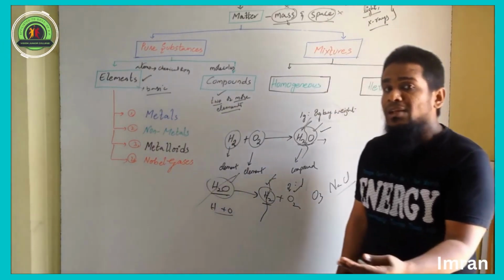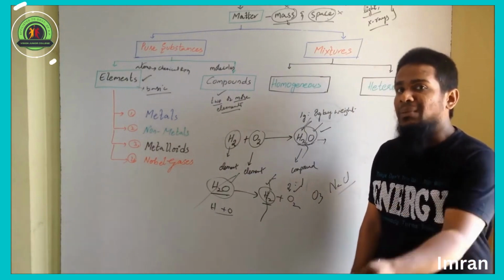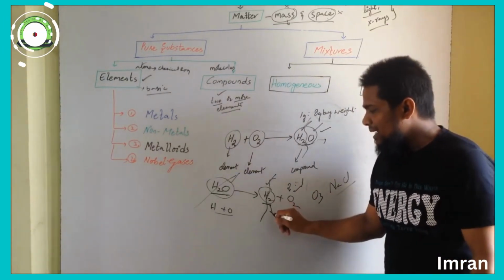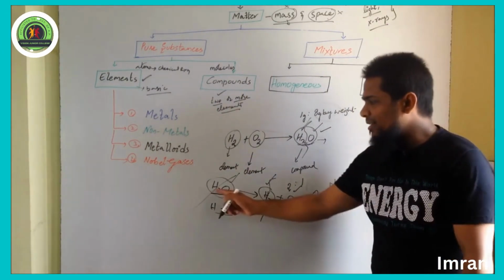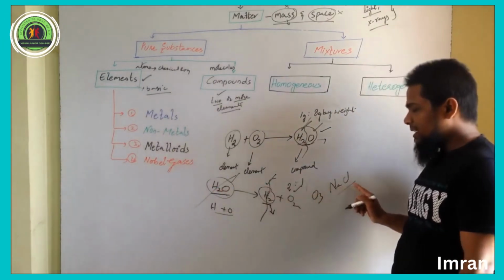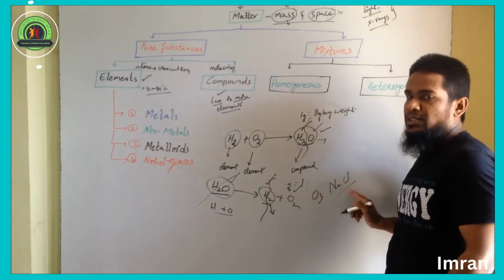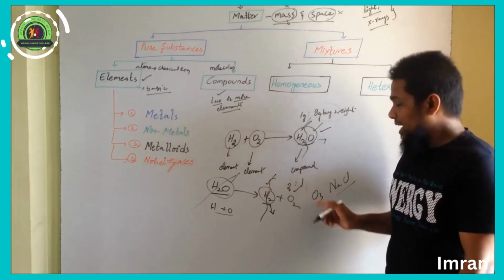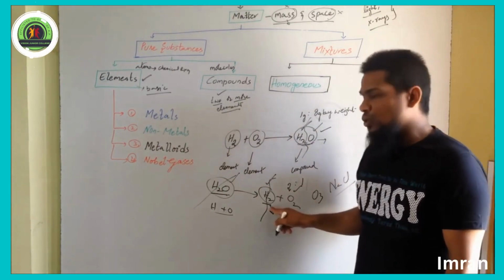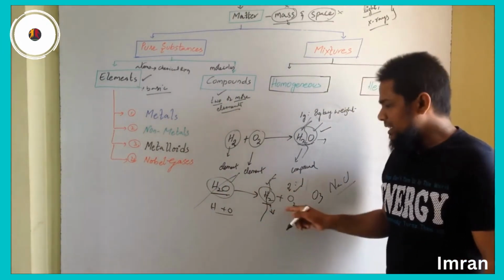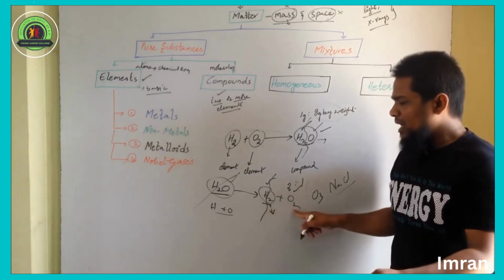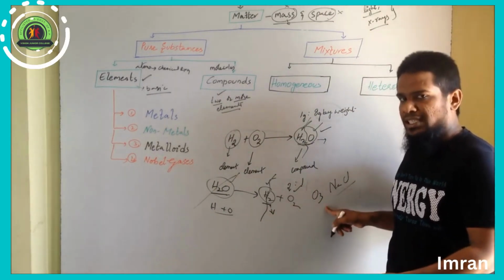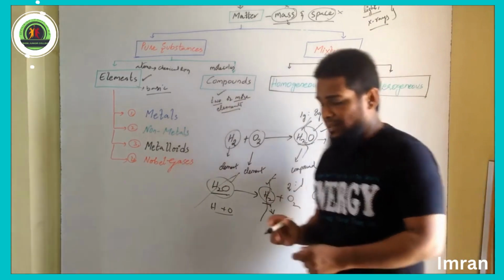If that molecule has the same type of atoms, then it is called an element. If a molecule has different atoms, like NaCl, then it is called a compound. Molecules O3, O2, H2 have only one type of atom, either only hydrogens or only oxygens, so they are called elements.